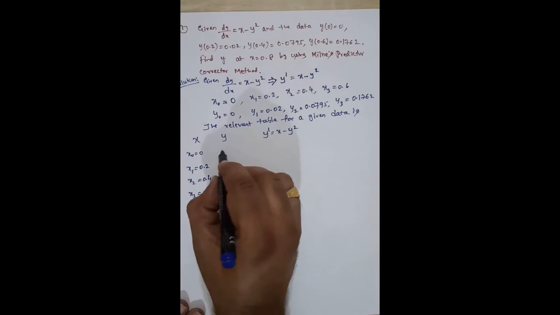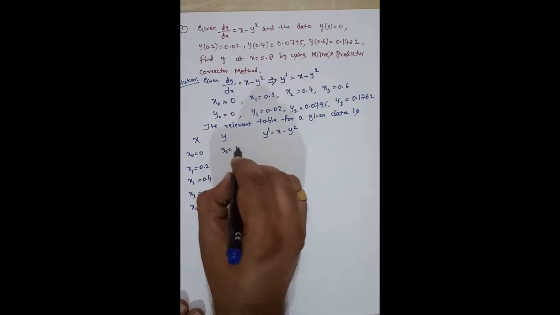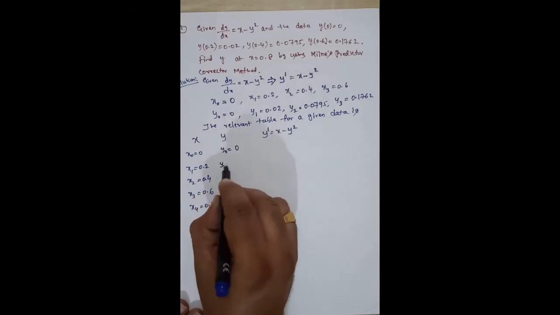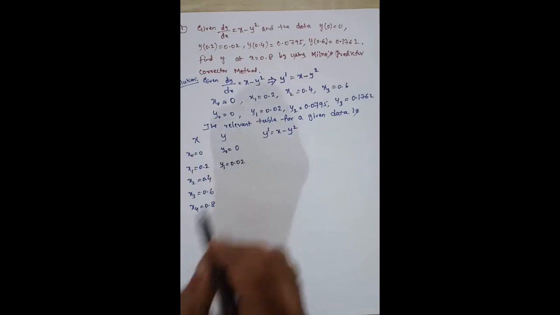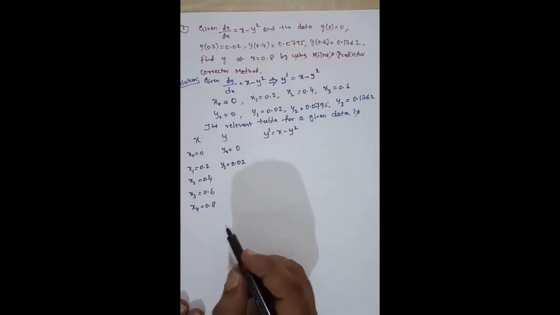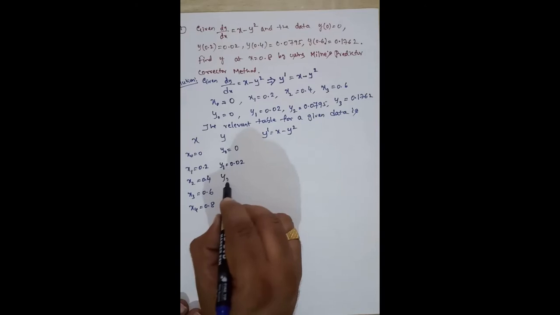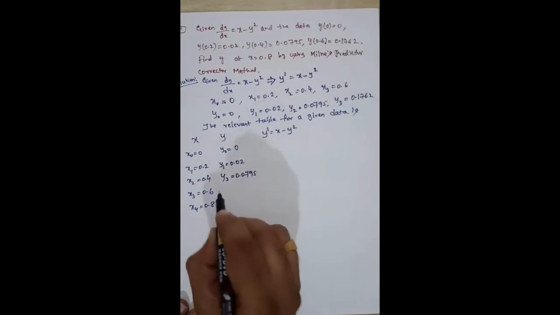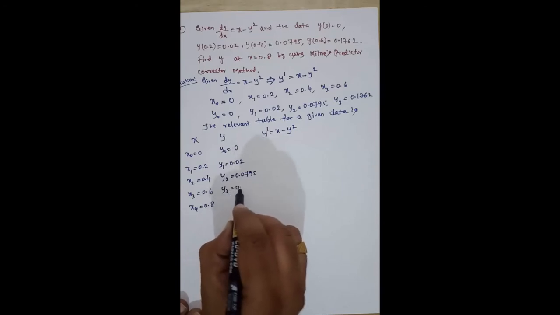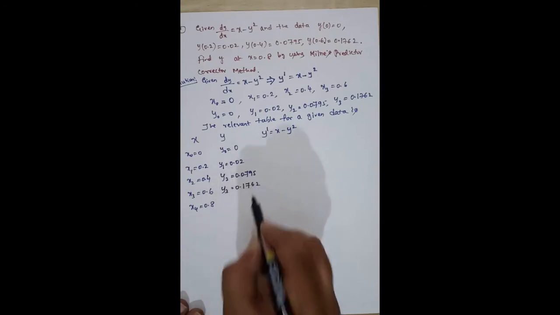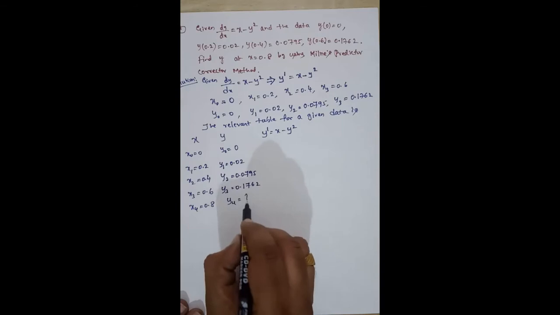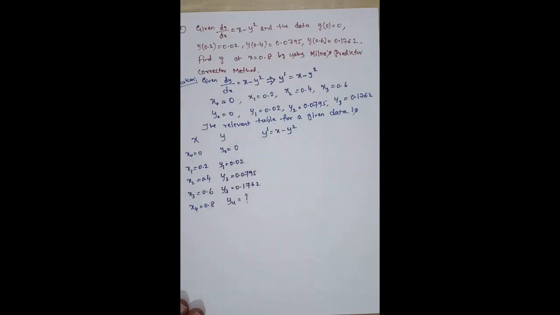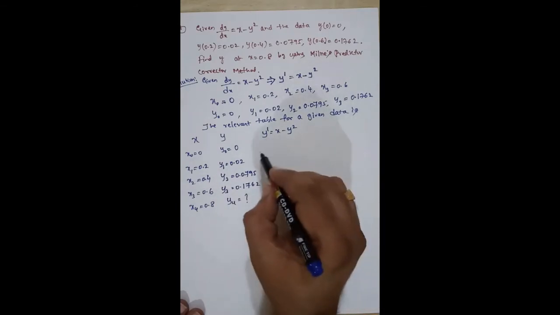Now the corresponding y values are y0, it is 0. Next y1 is 0.02. Next y2 equals 0.0795, y3 is 0.1762, and y4 we need to find. Now corresponding y dash values.